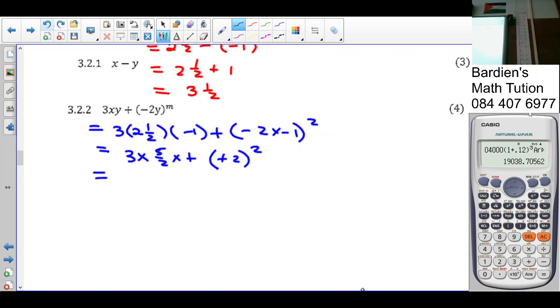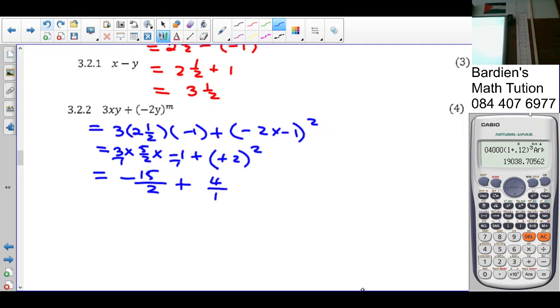So what I'm going to do is simplify this here. So you're going to get 3 times 5 over 2 times negative 1. Okay? So there's no denominator other than one thing. So positive times negative is a negative. Nothing can cancel these. So it's 5 times 3, it's 15, times 1 is 15 over 2. What is 2 squared? 4.